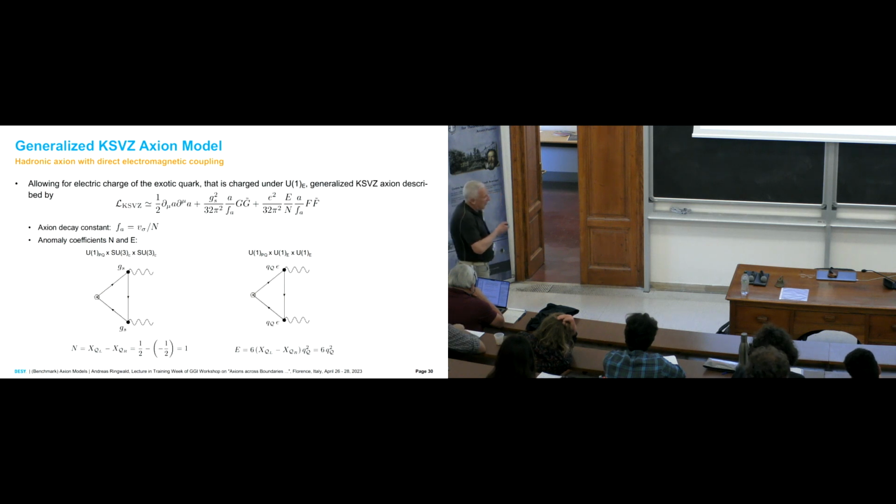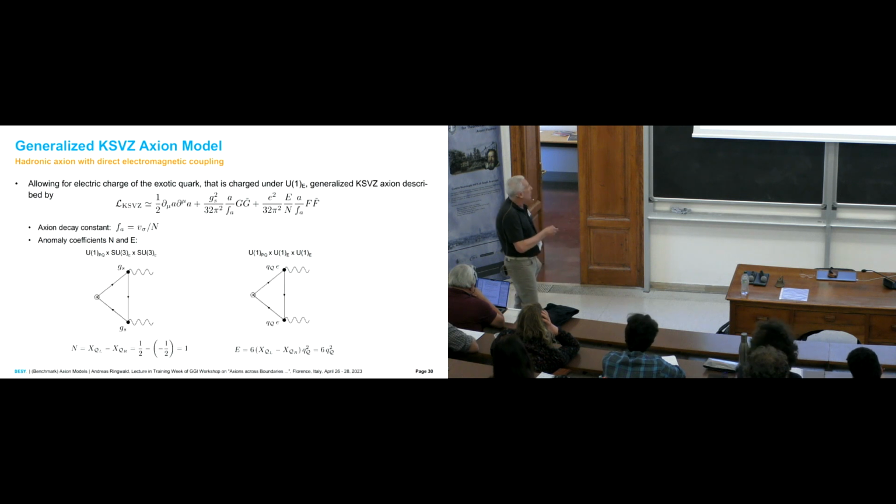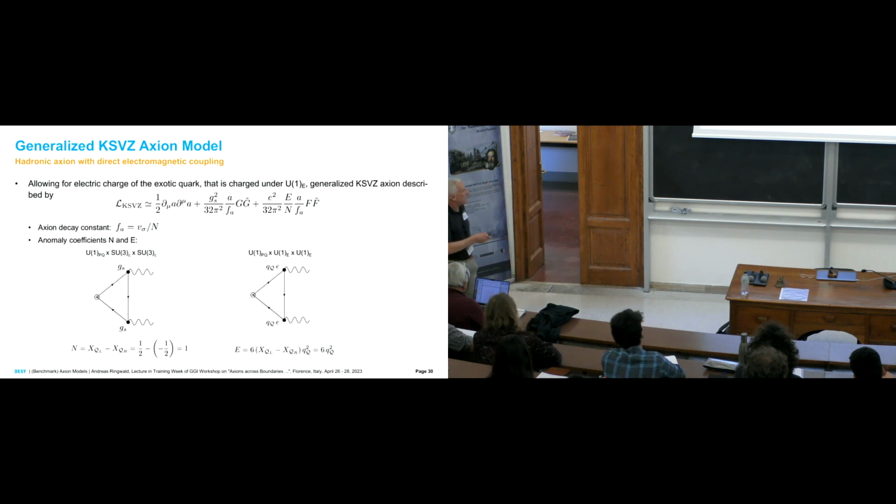And then one gets, by the same arguments, but now one has to take into account, instead of only the U(1) Peccei-Quinn cross SU(3) anomaly, also the U(1) cross U(1) electromagnetic anomaly.